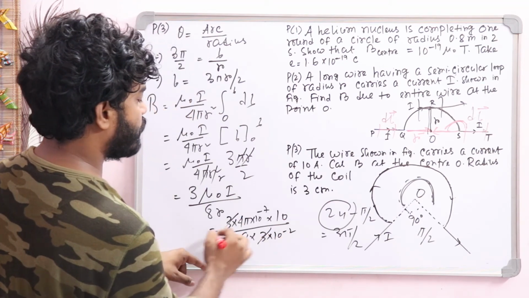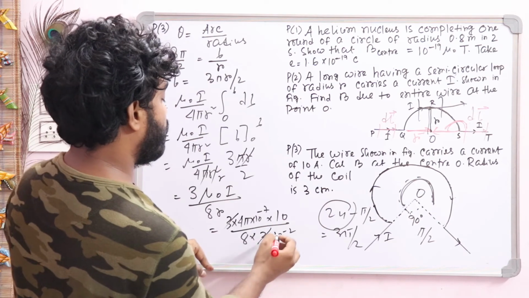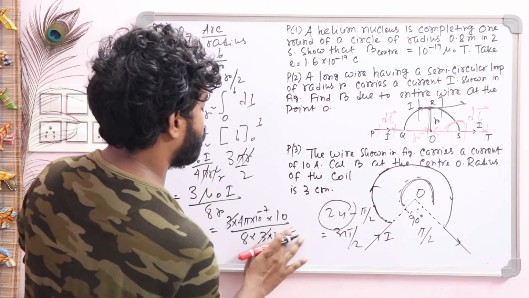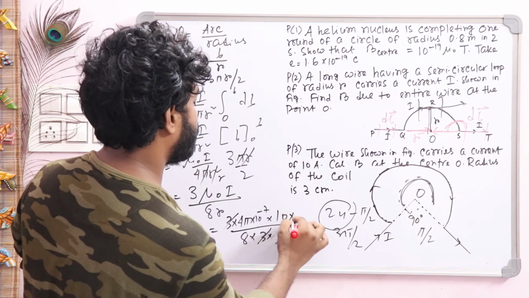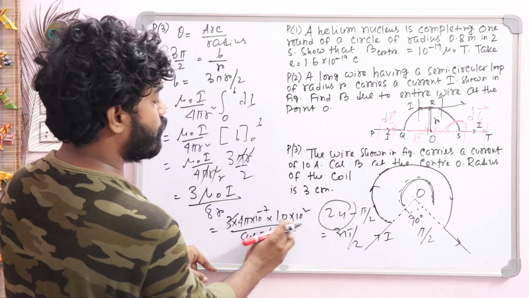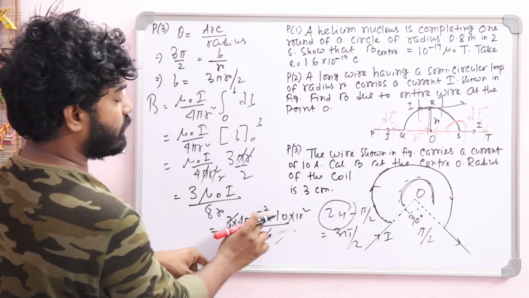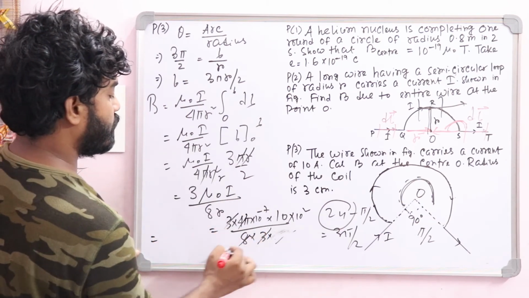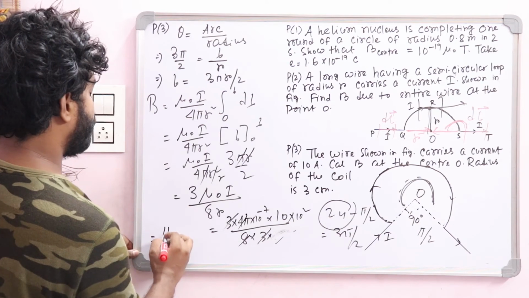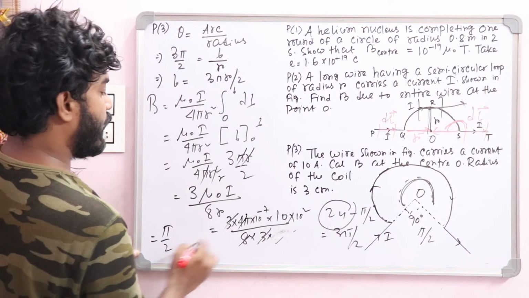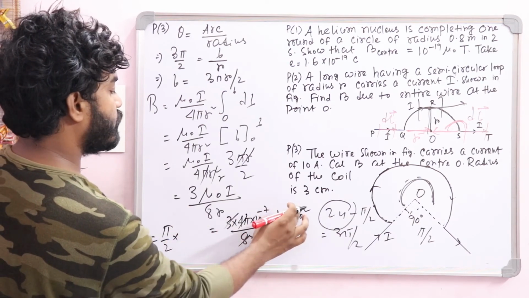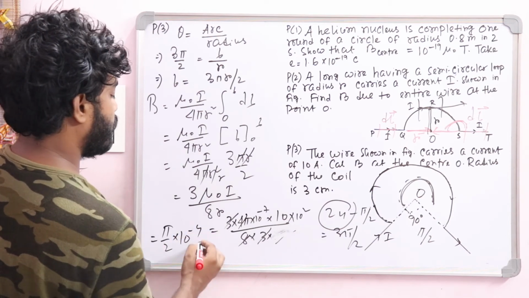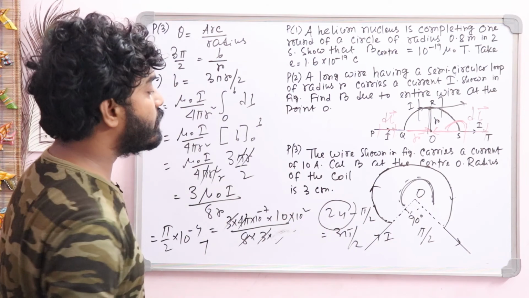See, this 3 cancels out, 10 to the power minus 2 going upward becomes 10 to the power plus 2, plus 1, that is plus 3, with 10 to the power minus 7. So this cancels out, that is pi by 2, and this value is 10 to the power plus 3 minus 7, so that is 10 to the power minus 4 Tesla. So this is the answer.